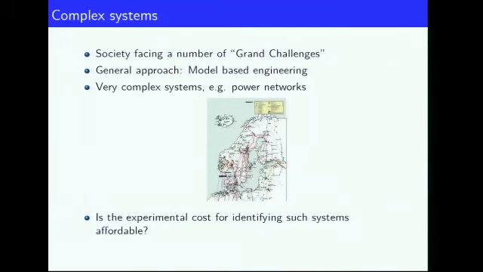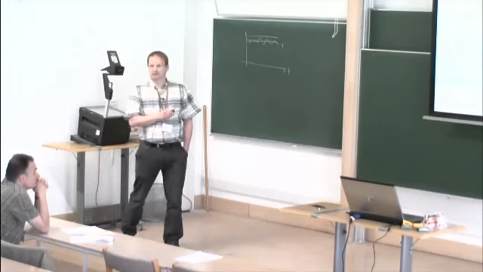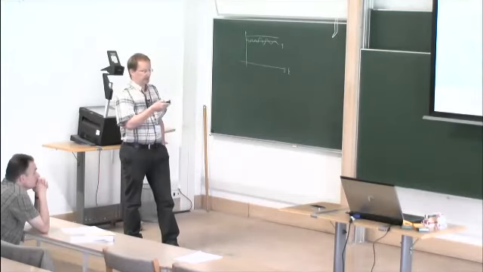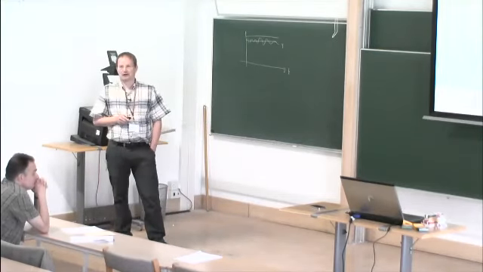Is it affordable? And I have never seen anyone answering this question. So it might be that all these grand challenges, we cannot do it, but no one has investigated this. So it gives us sleepless nights if you start to think about this.